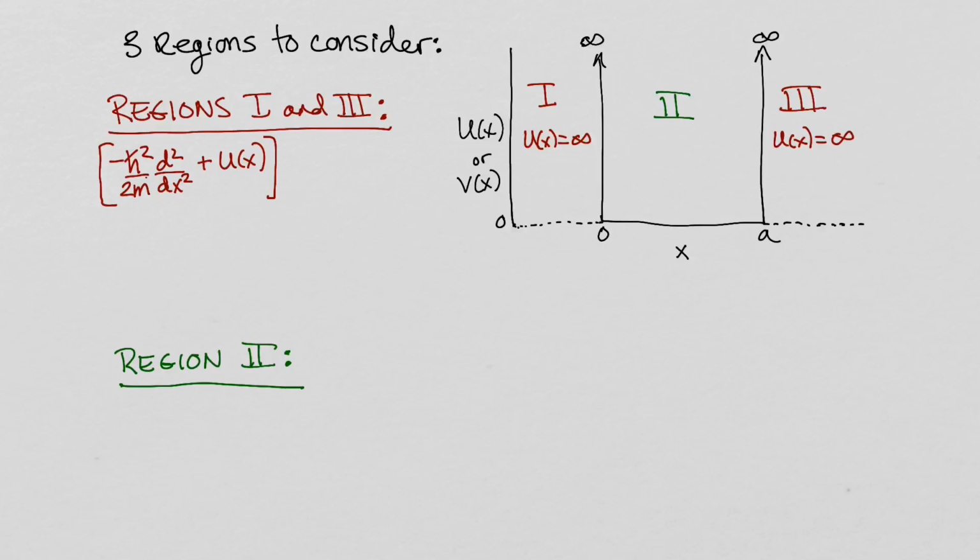Those combine to make our total energy operator, our Hamiltonian. Remember, we have that act on our wave function psi of x, and that's going to equal our total energy times our wave function again. That's our initial setup of the Schrodinger equation.